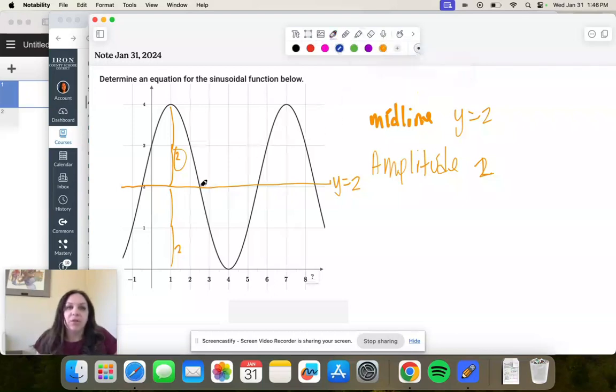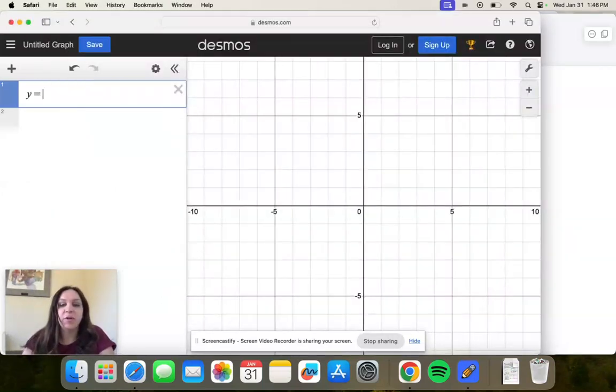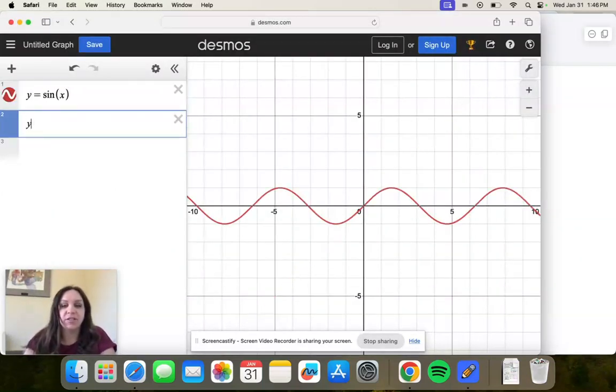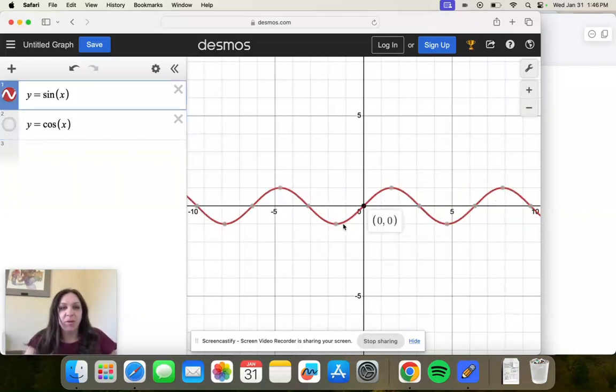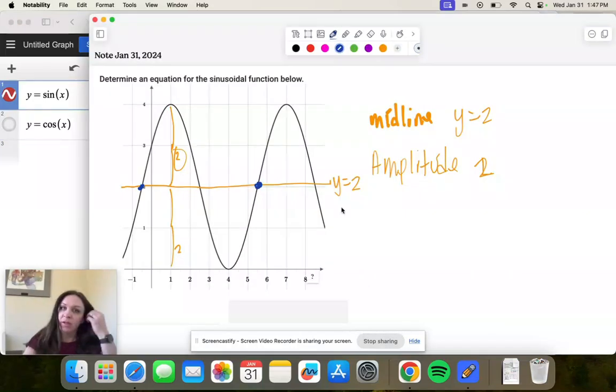And I'm looking right here. See how that used to be on the axis, like the midpoint of that line. So if I'm looking at sine of x versus cosine of x, for sine, the y-intercept is the halfway point while you're going up.